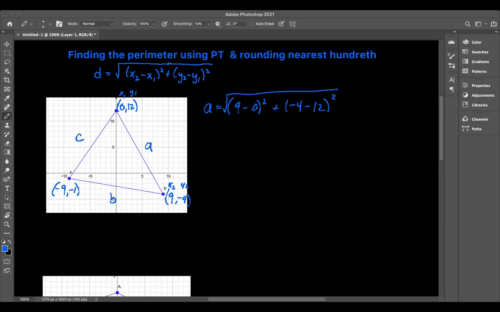So I do the math out. This is 9, this is 81. And here we got negative 16, so it would be negative 16 squared, and negative 16 squared is 256. So I'm just going to add 256 and 81.